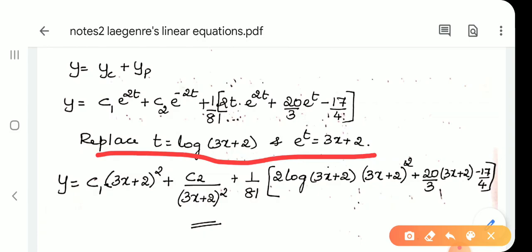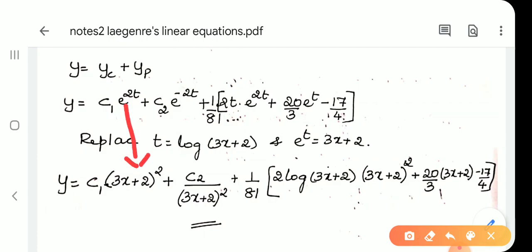So here the final answer now becomes c1 e power 2t becomes 3x plus 2 whole square, plus c2 e power minus 2t becomes c2 divided by 3x plus 2 whole square, plus 1 by 81 into 2t becomes log of 3x plus 2, e power 2t becomes 3x plus 2 whole square.